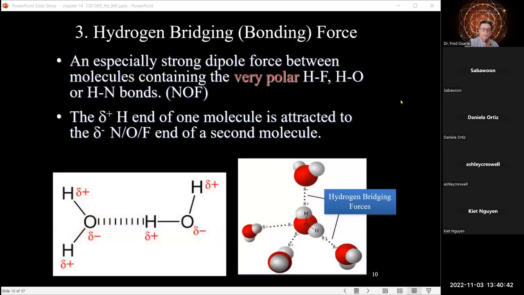Okay, now hydrogen bridging forces. Very similar to the dipole forces, but the exception is this is with hydrogen bonded to nitrogen, oxygen, or fluorine. And that results in a much stronger interaction compared to simply a dipole interaction.